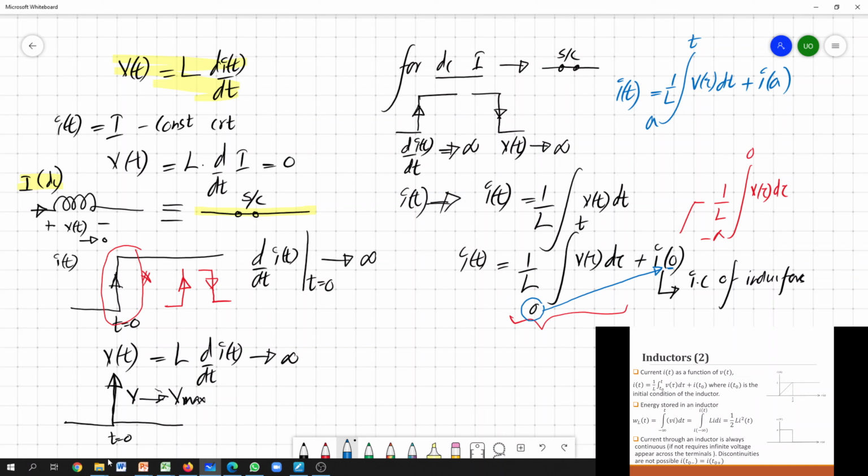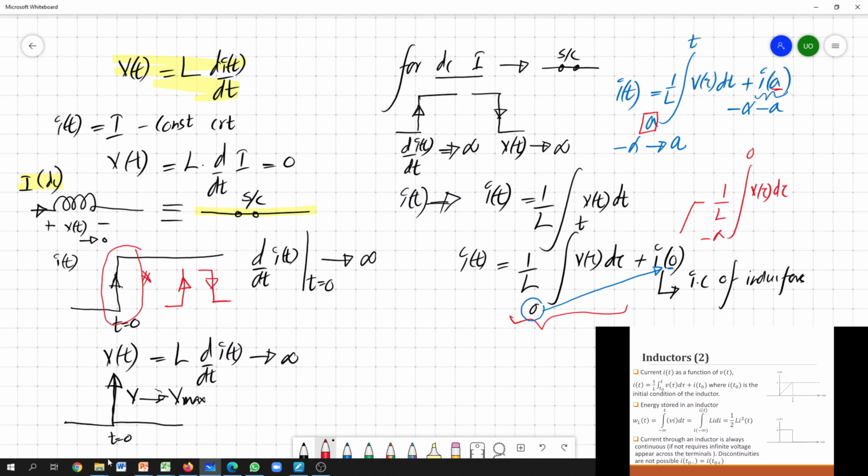If you consider the history from minus infinity up to a, then this integral counts from a to t, and the initial condition should embed the information from minus infinity to a, not for 0. So keep in mind, whatever quantity you put here, this integral value is for a to t.